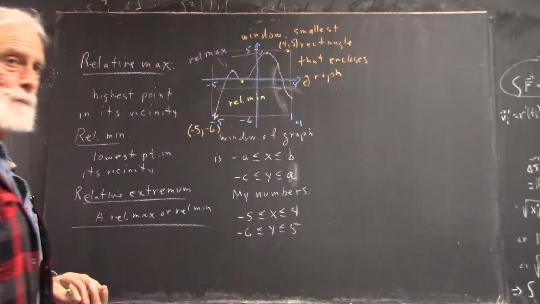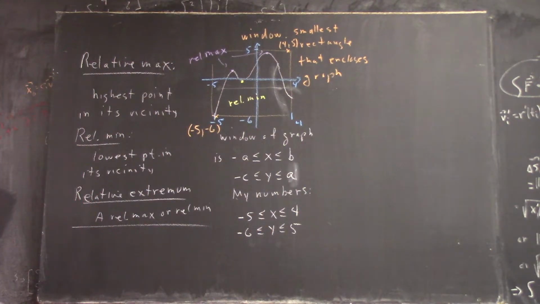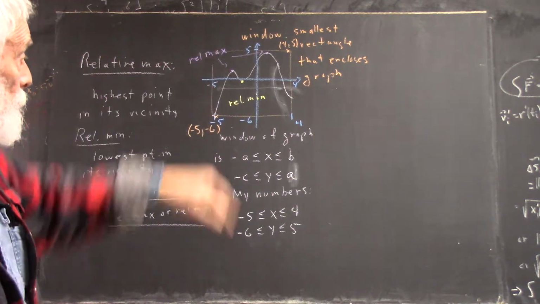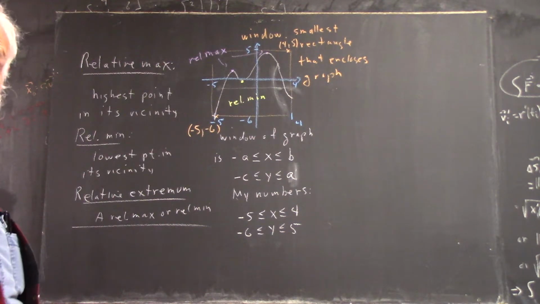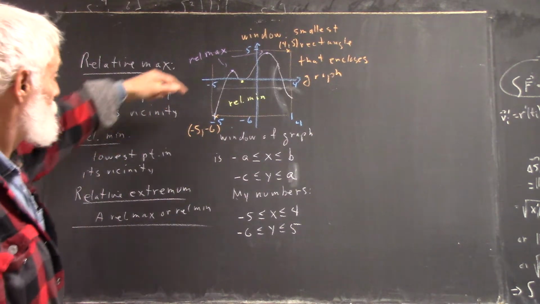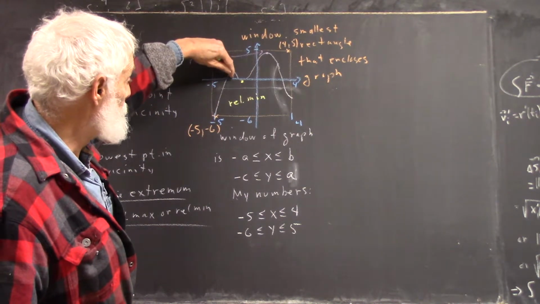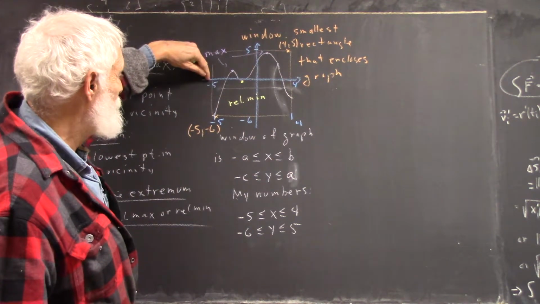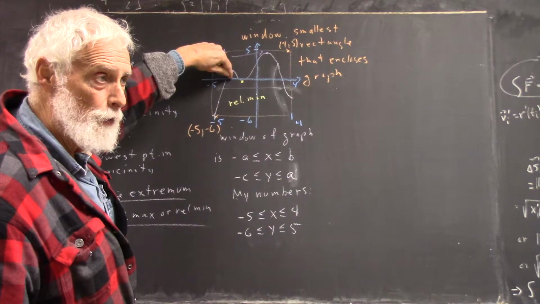At this point, what are the coordinates of the relative max and the relative min? Can you estimate them from the scale? I mean, what's the x-coordinate here look like? Well, it's about here. It's about halfway between 0 and -5, but probably a little closer to -5.